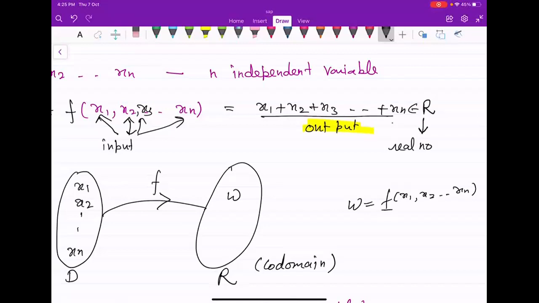So f is a function of n variables, and it could be any kind of function, for example the sum of the n variables, x1 plus x2 plus x3 up to xn. Then whatever output we get.